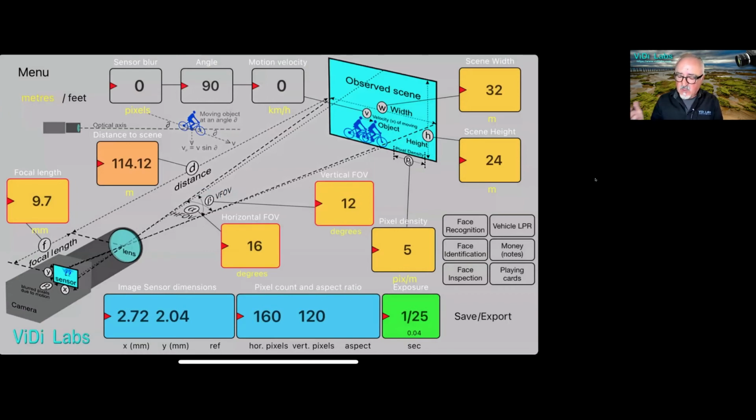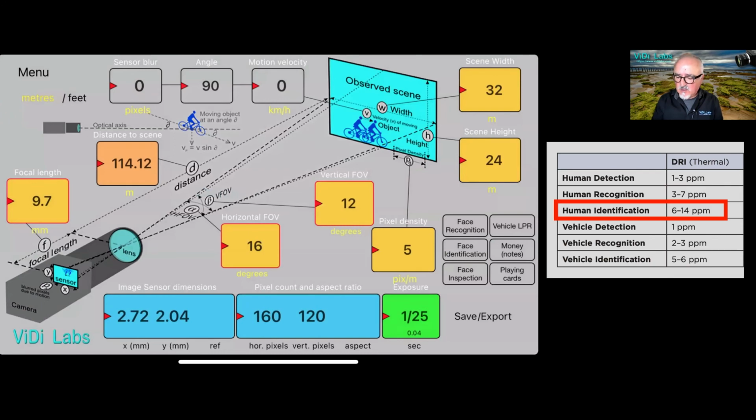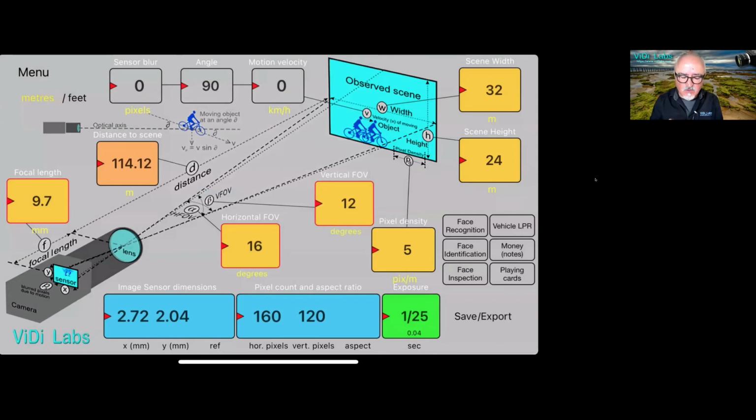And if we want to go further, really to verify that that perhaps is not a kangaroo or a deer, let's go to thermal identification, which requires 6 to 14 pixels. So I would say here, really it's up to you and the precision of the optics and so forth, but in between 6 and 14 would be 14 minus 6 is 8, divided by 2, 4.